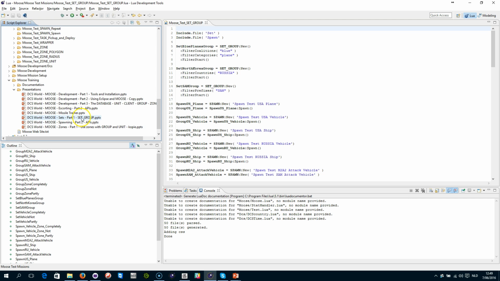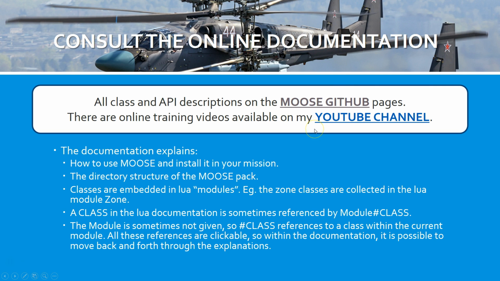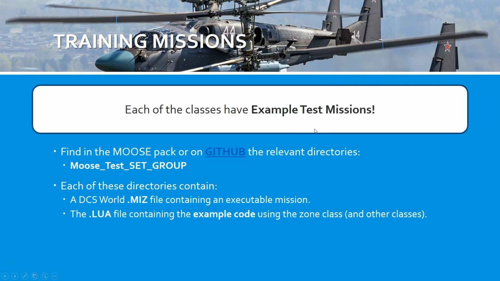Part 2 probably will be setUnit, and if I'm adding other kinds of set types, or more useful functions that need to be explained within a video, I'll add more parts. Okay. There are training missions as well, and for this I'm going now to the demonstration.